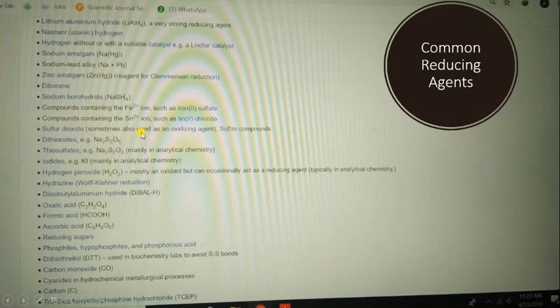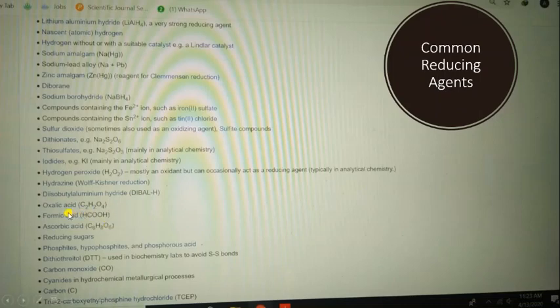dithionate, thiosulfate, iodide, hydrogen peroxide, hydrazine, and then diisobutylaluminum hydride, DIBAL. This is a special reducing agent that we usually use. I will tell you later about the special application of this.